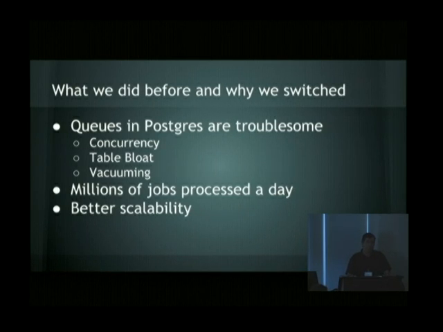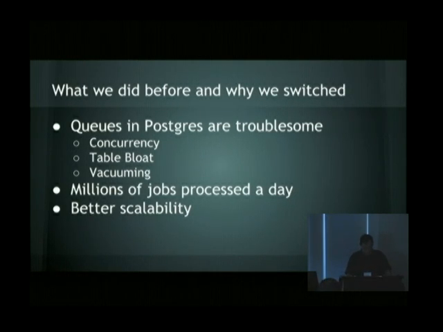Other things that we saw were table bloating issues. We're putting millions of things in there in a day. This table would go from having 1,000 items to hundreds of thousands, back to 1,000. And the size, according to Postgres, was huge when in reality it was small. Vacuuming became a problem for it.